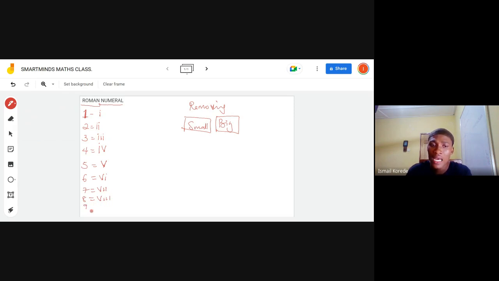So to get 9, like I said, we can't repeat a particular digit in Roman numerals more than 3 times. So we have to know 10 before we can get what? 9. So 10 in Roman numerals is X. So to get 9, we put the small value on the left hand side and the big value on the right hand side. So we have IX.